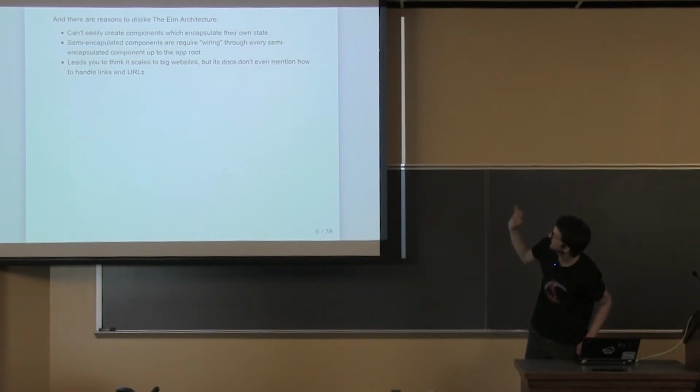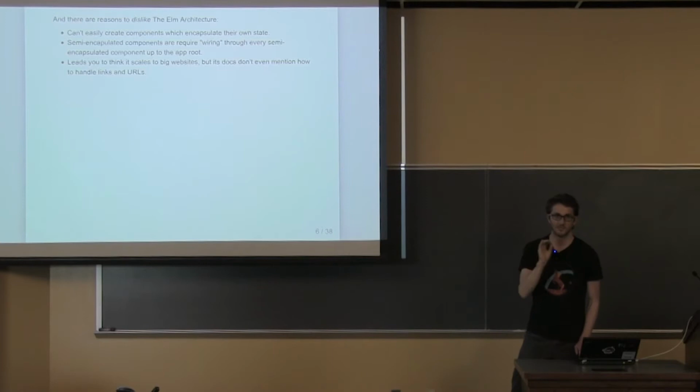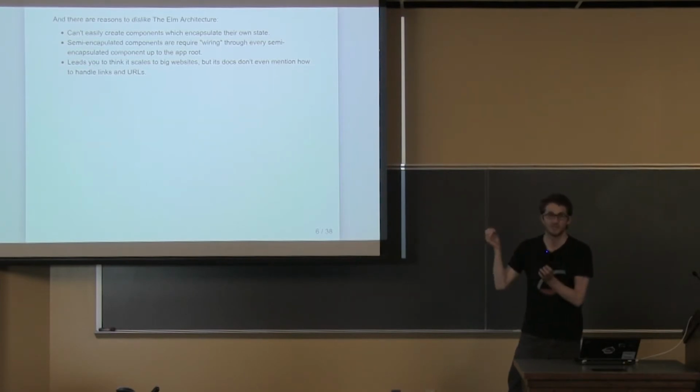But then there are things to dislike. Because there's only a single state atom, you can't have components which maintain their own state. You can't have components which have opaque state. If you absolutely need that, then something like Halogen is a place to go. I've talked to some people who say if you absolutely need it, you'll just write a second application built using this Elm architecture and embed it as if it was a single HTML element.